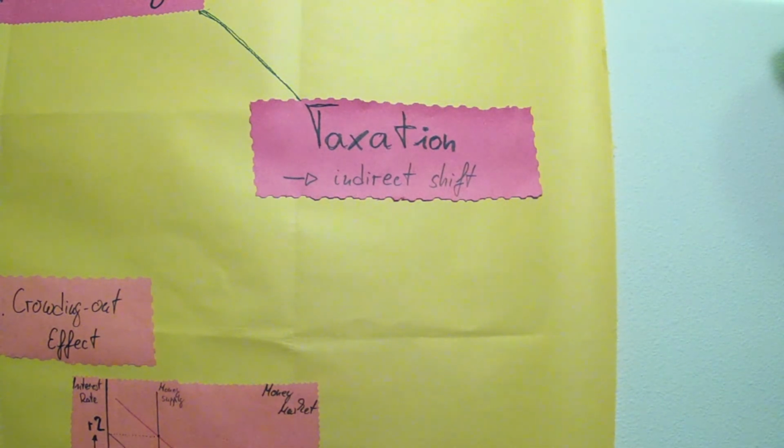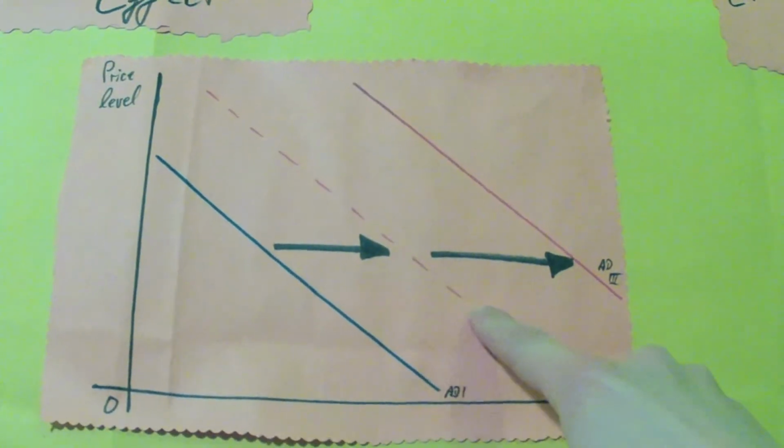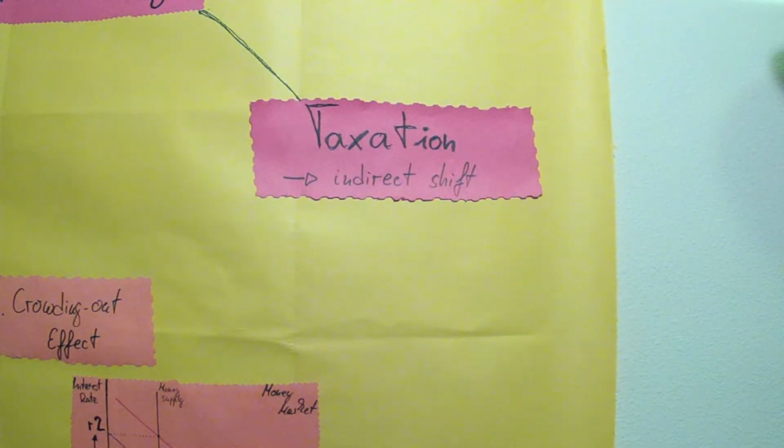When the government cuts taxes, households will save some of this additional income, but they will also spend some of it on consumer goods. Because it increases consumer spending, the tax cut shifts the aggregate demand curve to the right. Similarly, a tax increase depresses consumer spending and shifts the aggregate demand curve to the left.